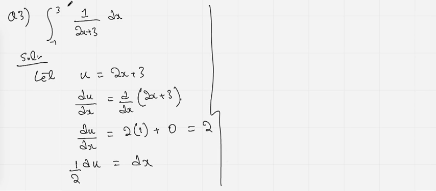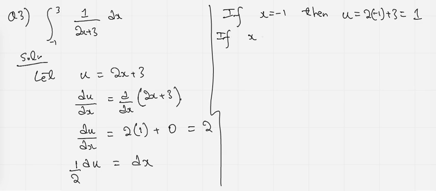Okay, now we are going to change the limits. So if your x is -1, then your u is going to be 2 times -1 plus 3, which is 1. Okay, and if your x is going to be 3, then u is going to be, simply substitute the values of x, 6 plus 3, that is 9.